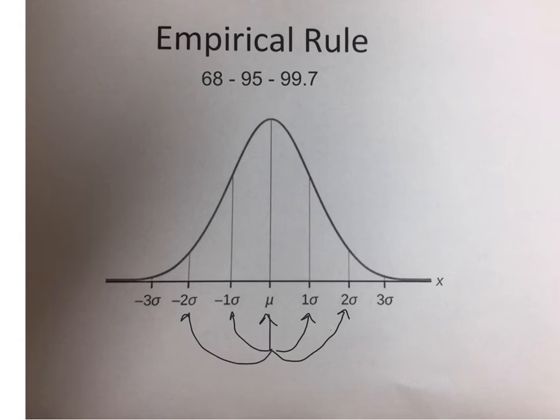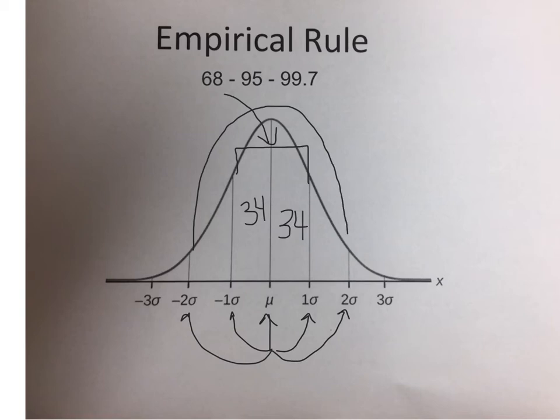That's because if we go one deviation left to one deviation right, from here to here, that's going to represent 68% of my data, with 34% on both sides. If we take from here to here, 2 deviations away, that's going to be 95% of my data.